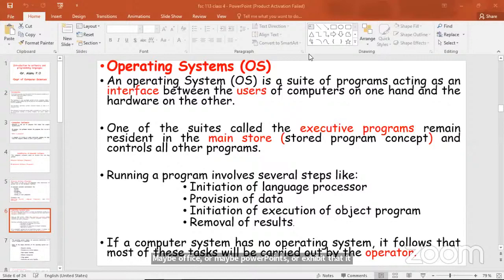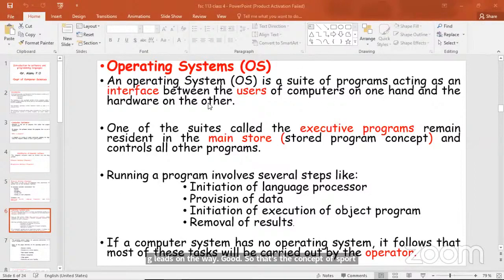Now, that will take a lot of time and a lot of effort. So the stored program concept is the ability of the computer to have the software that you would need resident in itself, so that it is not when you need it that you have to start installing it all over again. So that's the concept of stored program.